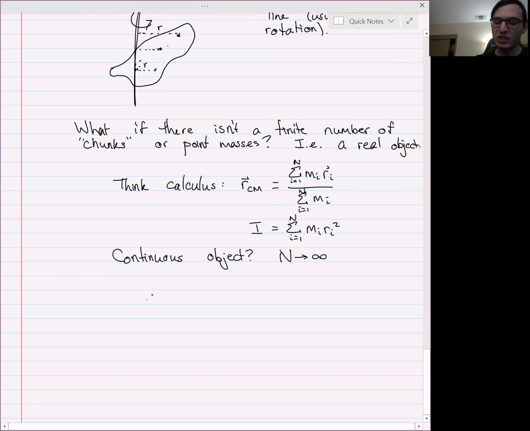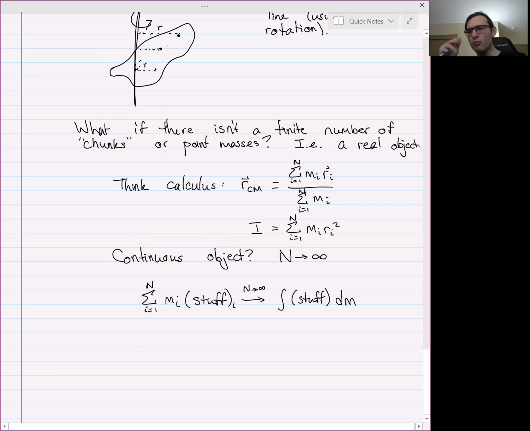So in particular, if we have a sum from i is 1 to n of mi times stuff, where that stuff might tell us something about where that mass is, we could rewrite that in the limit as n goes to infinity as an integral of stuff dm.